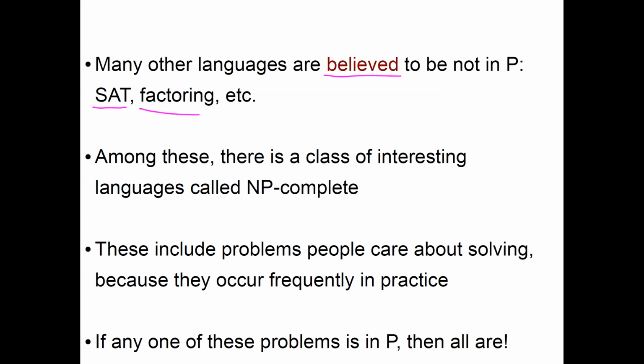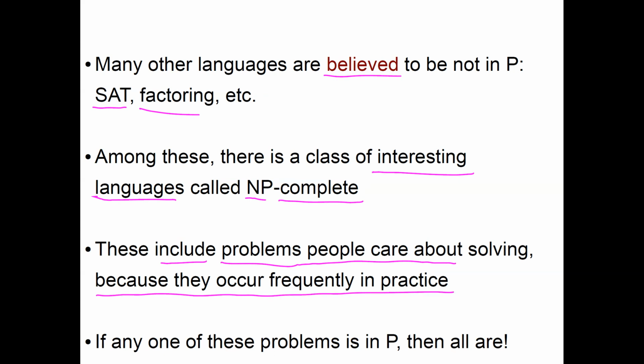Among these, there is a class of interesting languages or problems which are called NP-complete. NP-complete problems include problems that people care about because they occur frequently in practice. And they have a nice feature, which we're going to see later, that if any of these problems is in P, then all of them are.